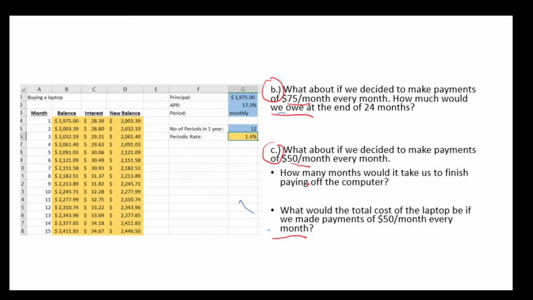So those are two slightly different questions, but we'll take a look at what we just did here with our computer, and we use this file, and now we need a payment column because we're going to have both $75 payments and $50 payments to answer these questions. So let's go to the credit card file that we built and use that one.